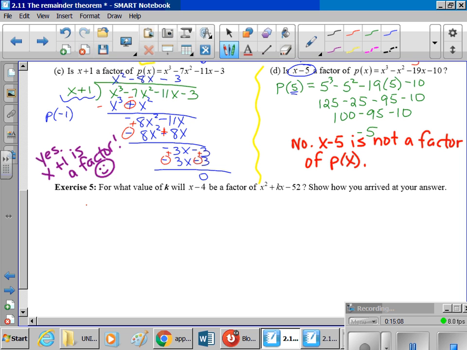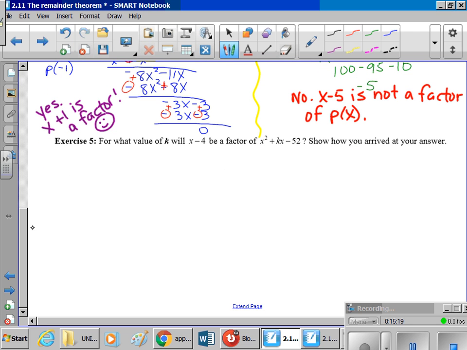And then we're going to look at exercise 5, which is a great question. Exercise 5 says, for what value of k will x minus 4 be a factor of this?